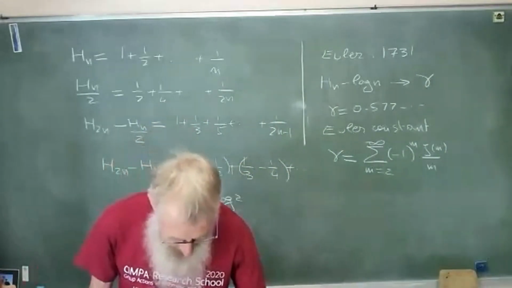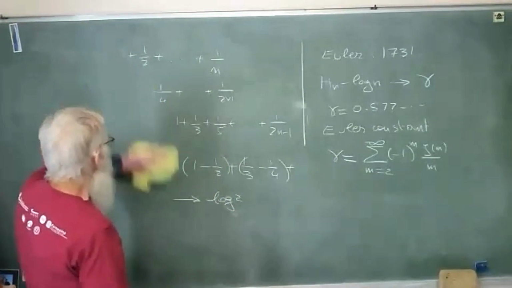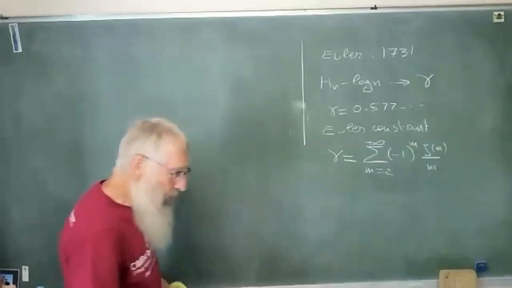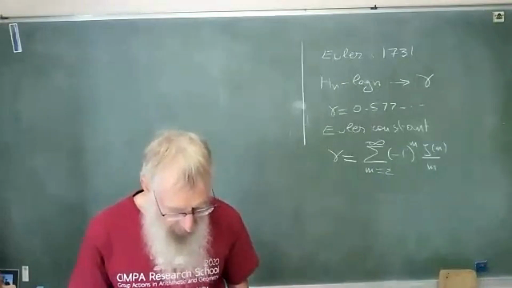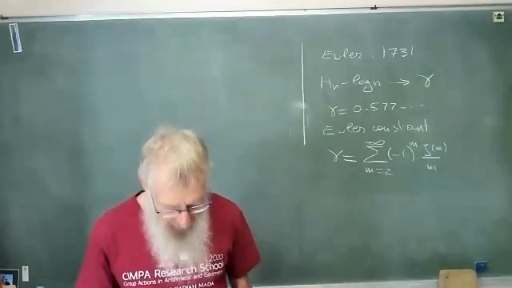So let me tell you how Euler proceeded. Euler used the expansion of the logarithm, which I mentioned before. It was proved by Nicolas Mercator in 1668, the logarithm of 1 minus x.